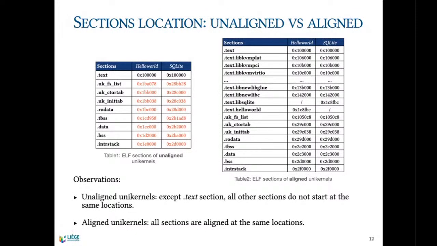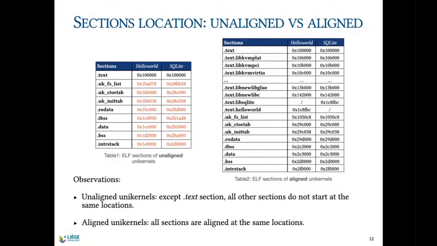Here we represent the ELF sections and the respective start addresses of the two previous instances, Hello World and SQLite. The first table illustrates the sections with unaligned unikernels, and table 2 the ones with aligned unikernels. What is important to highlight here is that without any alignment, all sections, except the first one, the text section, of unaligned unikernels start at different addresses.